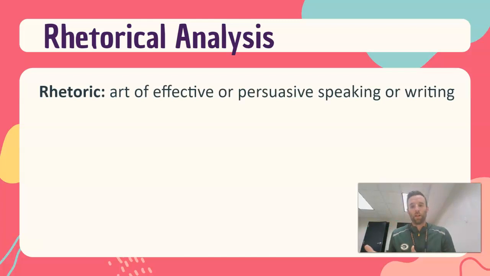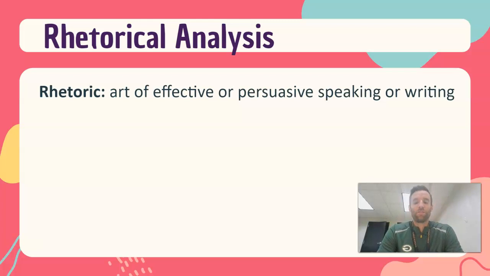First of all, rhetoric. So rhetorical, the root word is rhetoric. Rhetoric is the art of effective or persuasive speaking or writing. So anytime we have a text that someone wrote, like an article, a script, really any written text or a speech, from, let's say, a video or an event, any time someone prepares a speech or writes something, that's considered rhetoric.